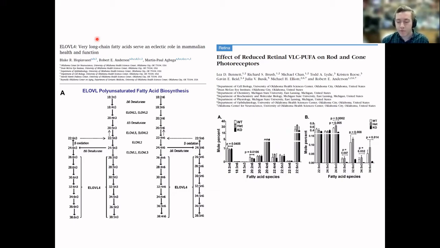If VLC-PUFA biogenesis being disrupted causes a similar phenotype to ABCA4 disruption, perhaps a healthy interaction between ABCA4 and VLC-PUFAs is disrupted in that Stargardt 3 disease, causing destabilization of ABCA4.